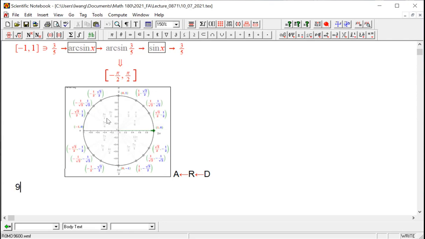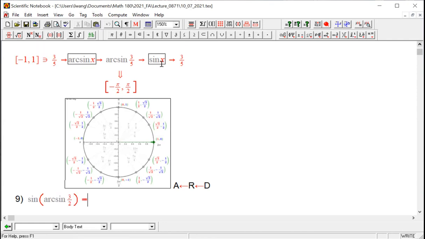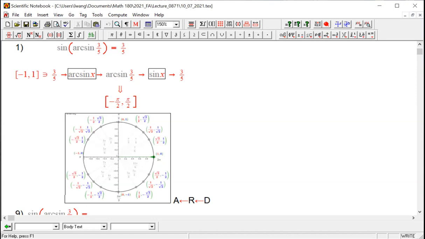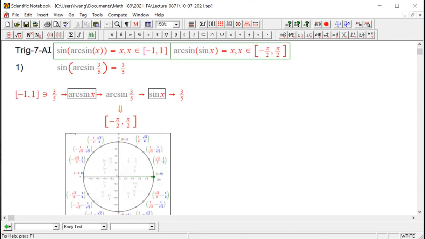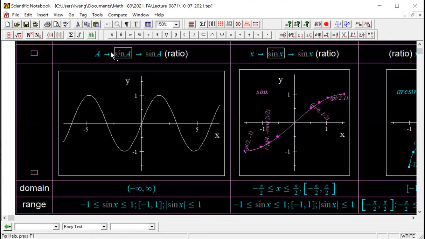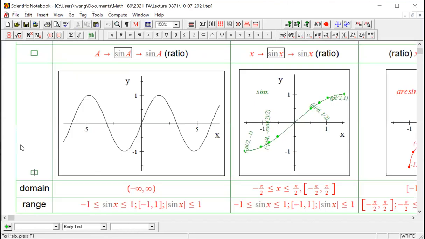Number 9, for example. What does number 9 say? Number 9 says sine of arcsine 3/2. What would that be equal to? If you look at that property we just have there, sorry, lost myself.